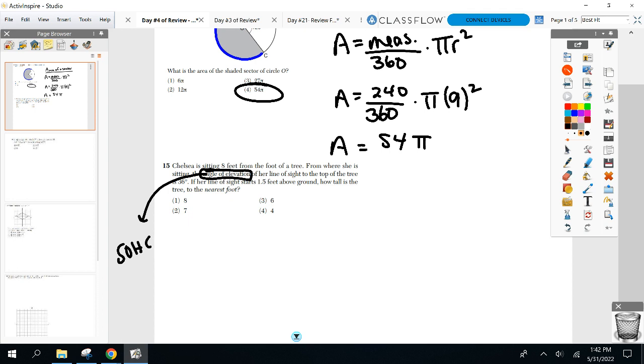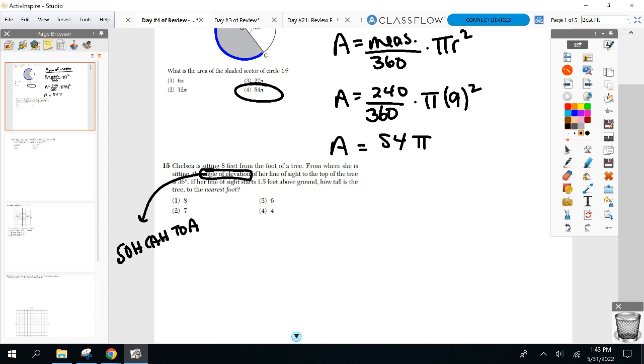When we did angle of elevation and angle of depression, they were always in a right triangle. Is that the one looking up at something or looking down? Is Chelsea looking up or looking down here? It says to the top of the tree, so we would assume looking up.